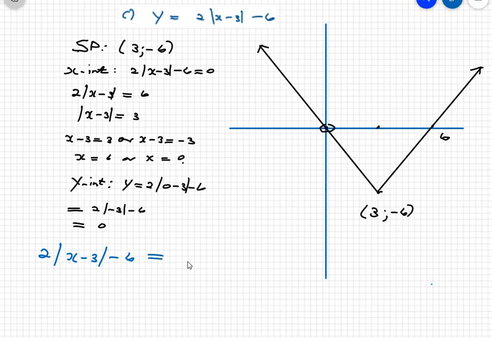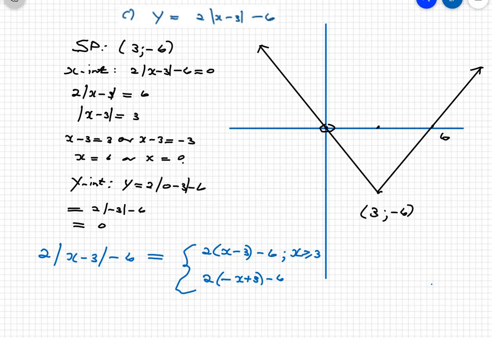And now we want to write it as a piecewise function. So it's 2 times the positive there, minus 6. And that is if x is greater than or equal to 3. Remember, this is always the vertex. It's easy. And then it's 2 times the negative there, minus x plus 3, minus 6. Remember, it's just the positive and the negative inside the absolute value.